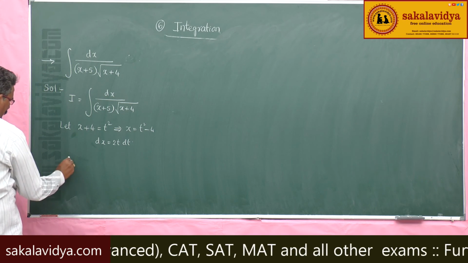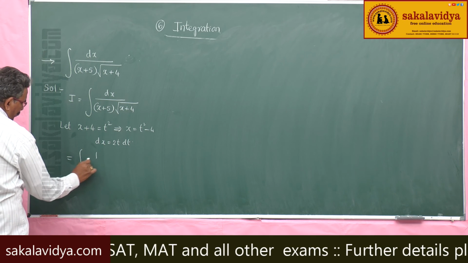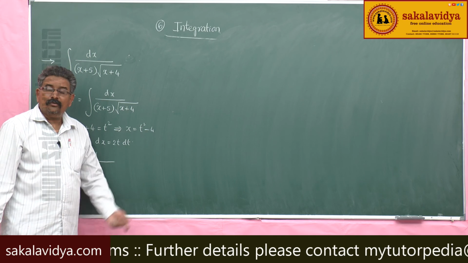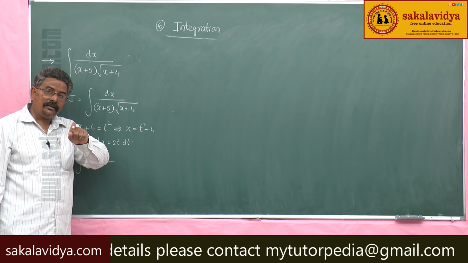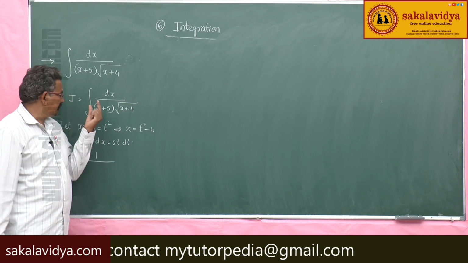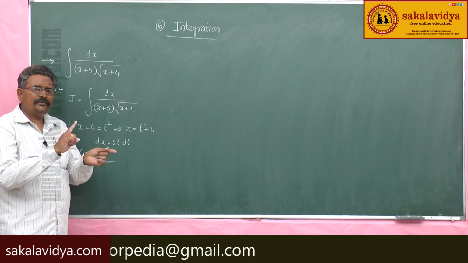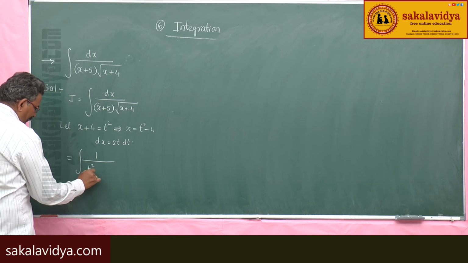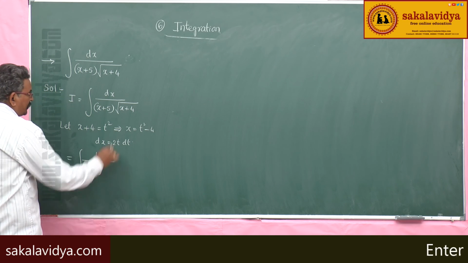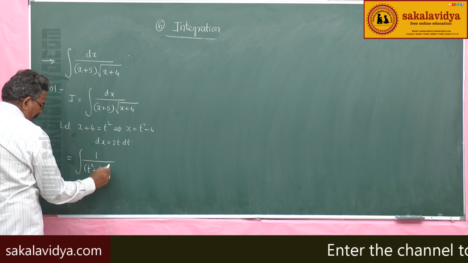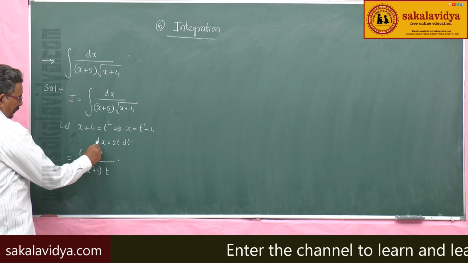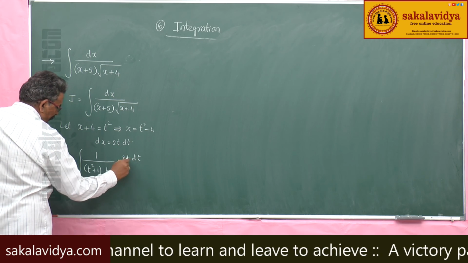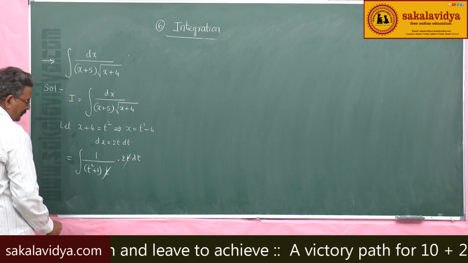Now, substituting, this becomes integral 1 by, x plus 4 is equal to t square. What is the value of x plus 5? Yes, x plus 5 can be written as x plus 4 plus 1. So, that becomes t square plus 1 into this root of t square is t, into dx is replaced by 2t dt. T gets cancelled.